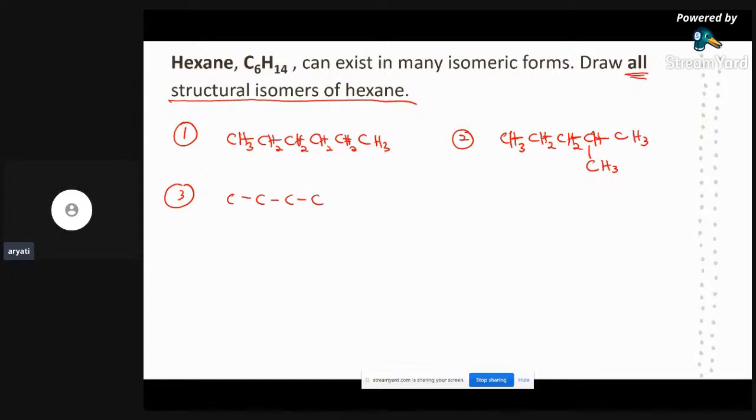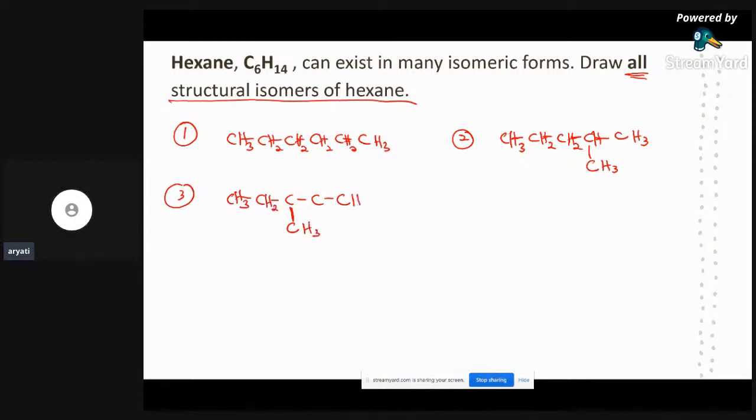Okay. So still the longest chain is 5 carbon, tapi kita move the branch at carbon number 3.